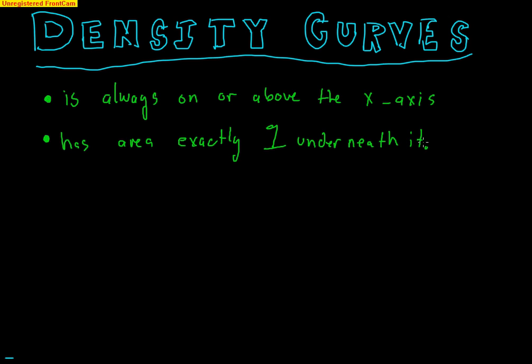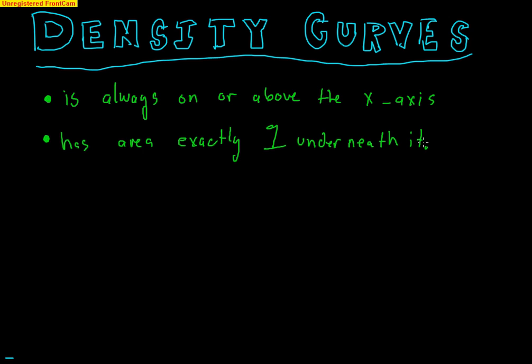And what we mean by 1 is 100%. 100% of the data falls underneath it. It's not like there's 90% of the data where we don't even know where the other 10% went. No, we know that under a density curve is where all of our data falls. So a density curve describes the overall pattern of a distribution, and the area under represents the data.